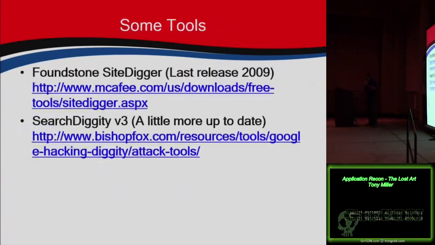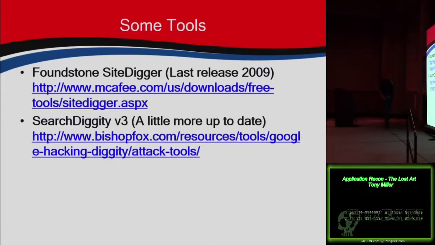Fair enough. So some tools that help you do this. As I said, Site Digger is out there. Its last release was 2009. It does still work. They've updated it enough to keep it working. The results are hit or miss, but it does tie in with the Google hacking database, so it at least pulls in a fair amount of results from time to time.